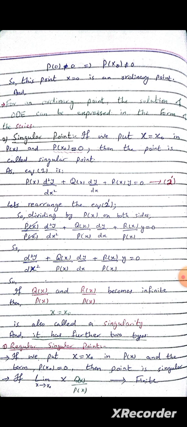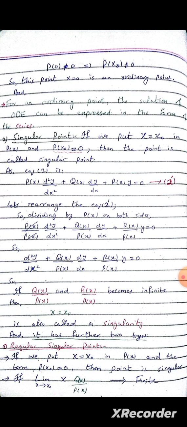The singular point has two further subtypes: regular singular point and irregular singular point. Number 1, regular singular point. If we put x is equal to x naught in p of x and p of x naught is equal to 0, then the point is a singular point.